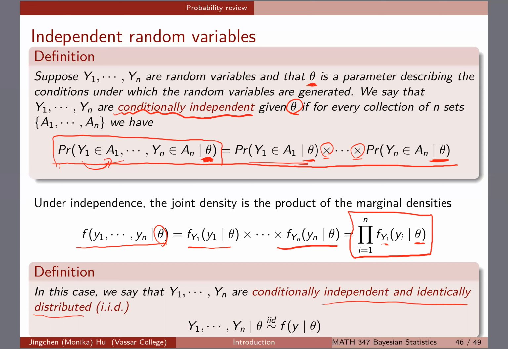We will make this assumption a lot of times when we think about how data are generated. In this case, it's always conditioned on the thetas, so we always write it there. And you can write a little IID on top of the tilde to represent this notation.